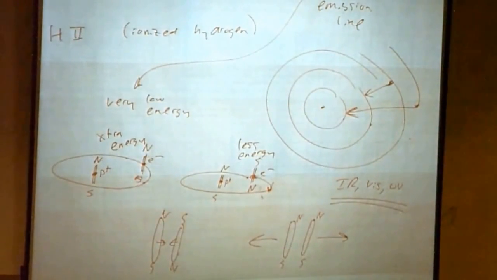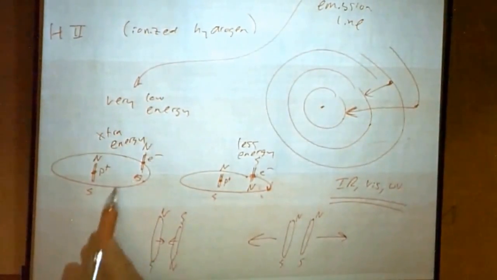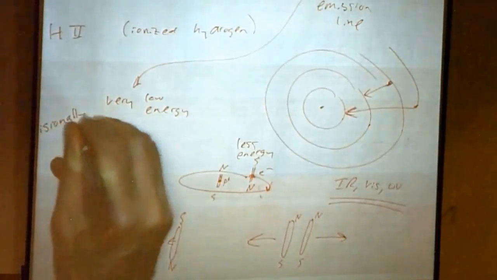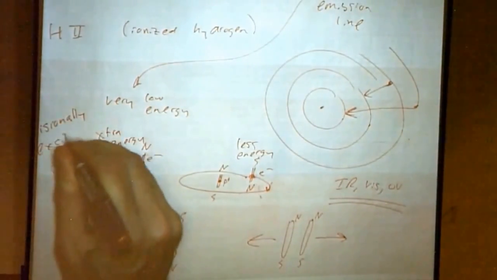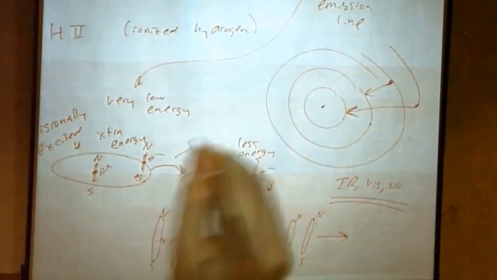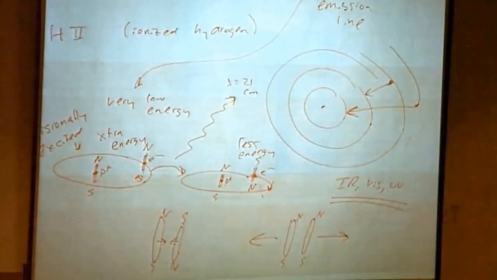So if you have hydrogen out there in the universe, just bouncing around, bounces into things, every now and then it can be collisionally excited into this state. It doesn't take much energy. It takes just a little bit. So collisionally excited to here, and then it transitions to here, releasing a very low energy photon whose wavelength is 21 centimeters. That's the 21 centimeter emission line.